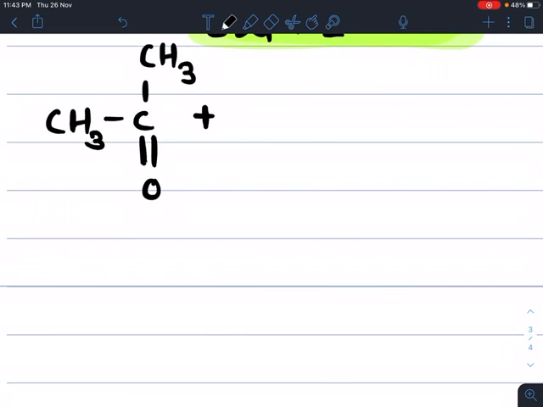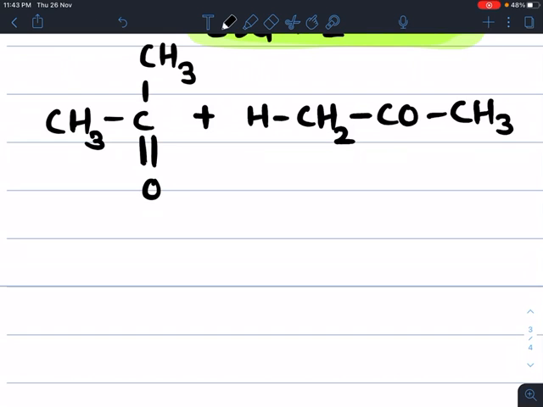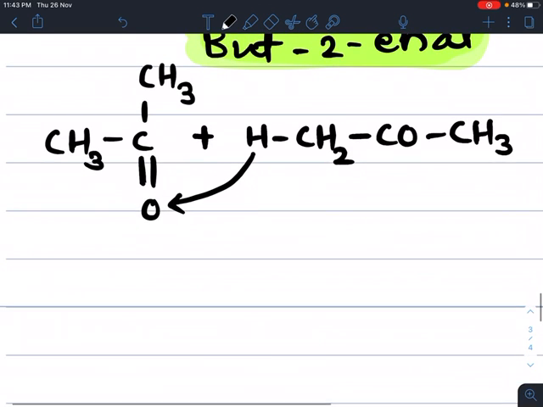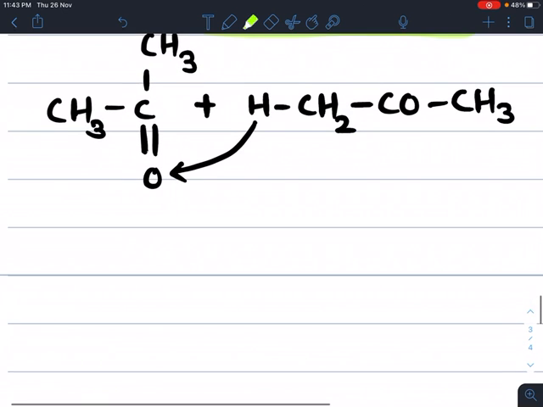When acetone undergoes reaction with another molecule of acetone, I can write CH3, H, CH2 to show the addition reaction. I can write this H separately. CO is the functional group of ketone, and the carbon directly attached to this functional group is the alpha carbon.